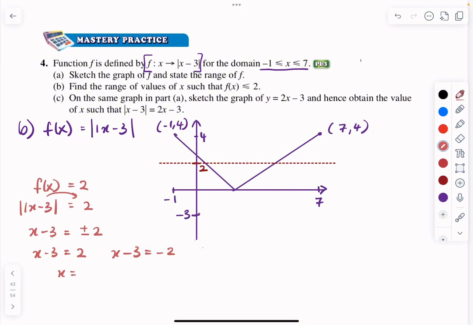So x is 2 plus 3, which is 5. x is negative 2 plus 3, which is 1. So when f(x) is 2, our x values will be 1 and 5. So this is the answer. Our x values range from 1 to 5. This is the range of x.